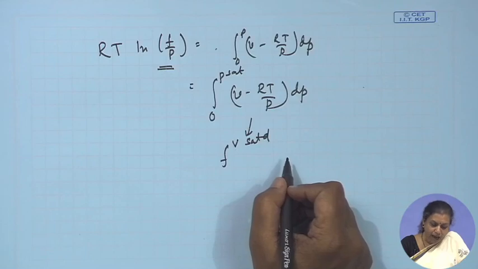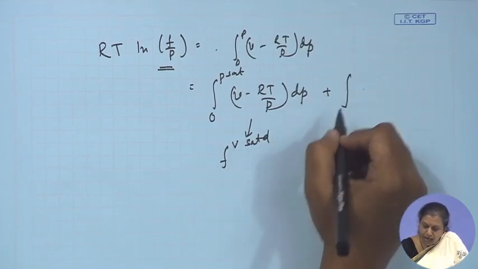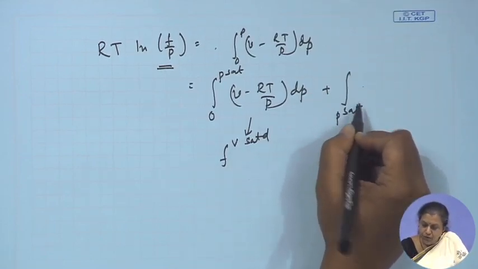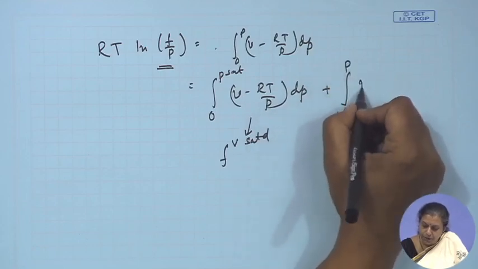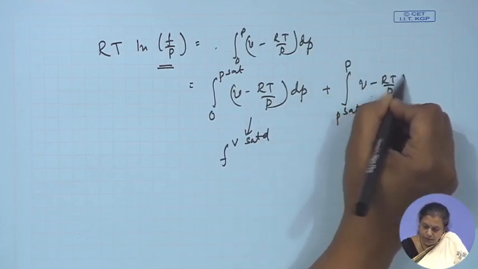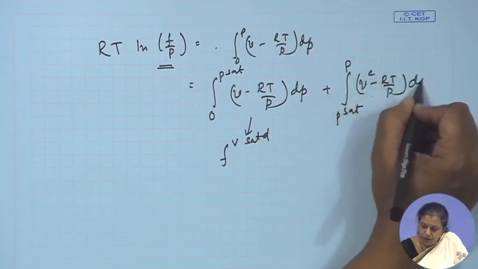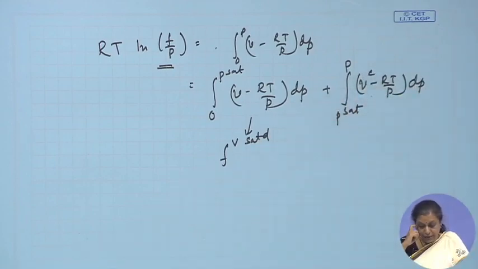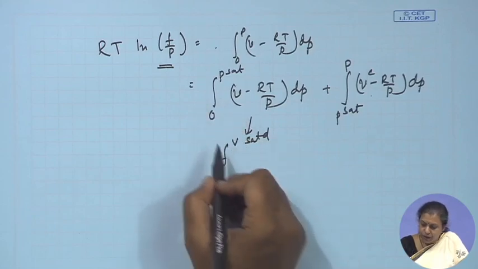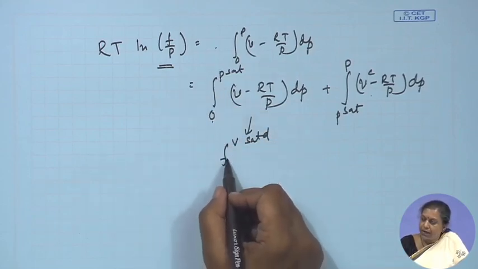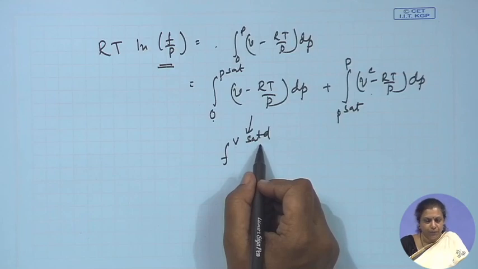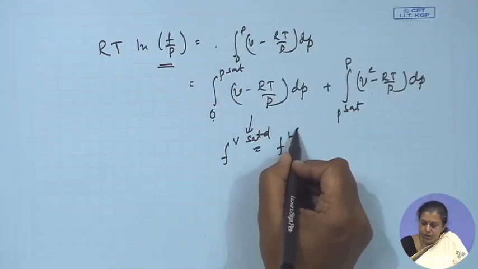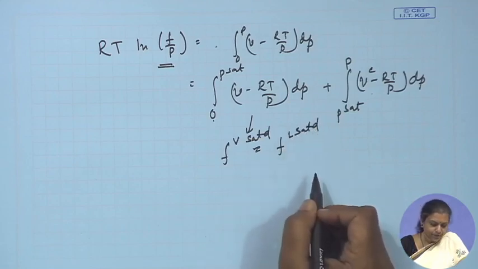And after that we have another part which extends from P saturated to P, which gives us the fugacity of the condensed phase. In this integration, we get the fugacity of the vapor at the saturated condition. Under this condition, we know that the vapor and liquid are at equilibrium. So, this is nothing but equal to f L saturated.